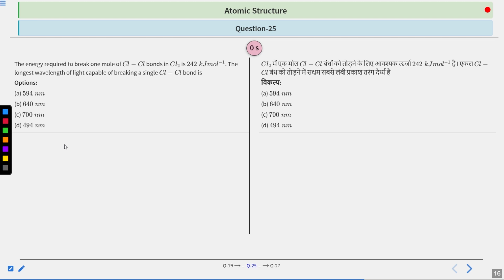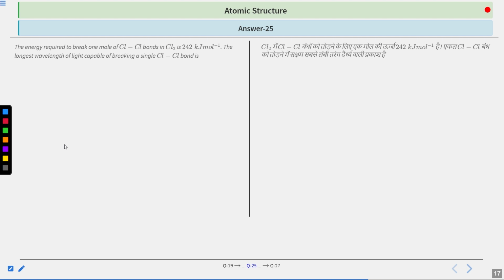Okay, now let us see the solution. The question is saying that you have to give 242 kilojoule to break 1 mole of Cl–Cl bonds. Now you have to find how much energy will be required to break one Cl–Cl bond. Sorry, you have to calculate the wavelength of that light, not the energy. The longest wavelength means the minimum energy required.